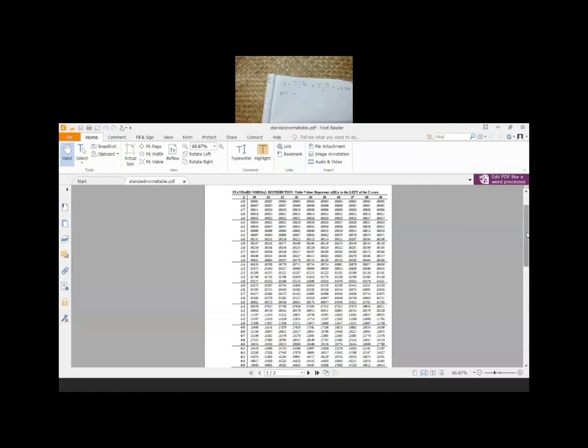Give me a feedback. So I am writing 2.17 as minus 2.1 minus 0.07. Okay, so we are breaking it up this way.